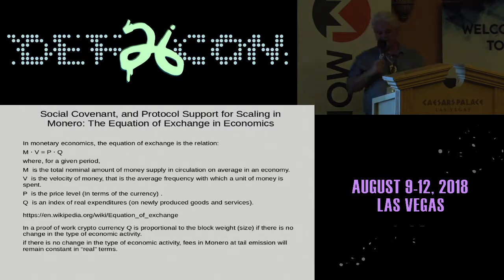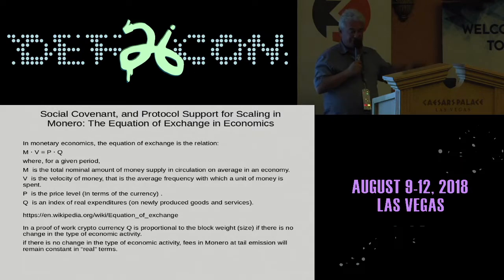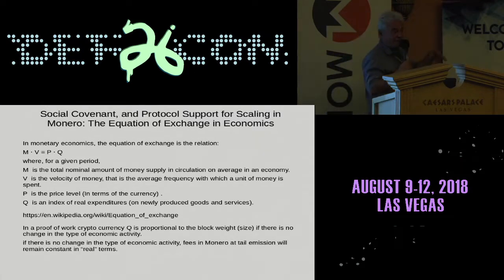The other implication is if we come back to how fees are actually calculated, we'll notice that fees are now calculated by dividing by the block size. Well, that has a real implication, because now if the economy doesn't change, fees should remain constant once we hit tail emission in terms of actual purchasing power.